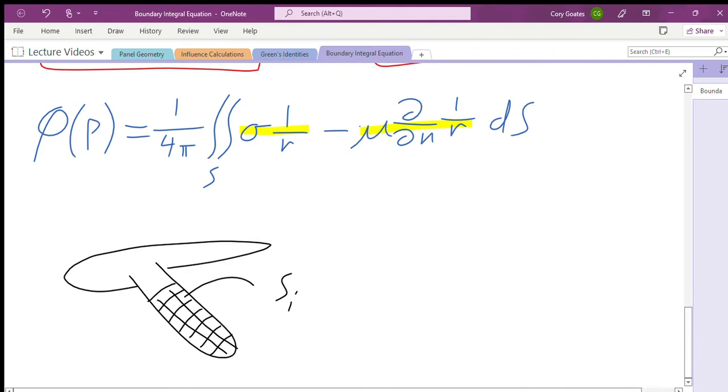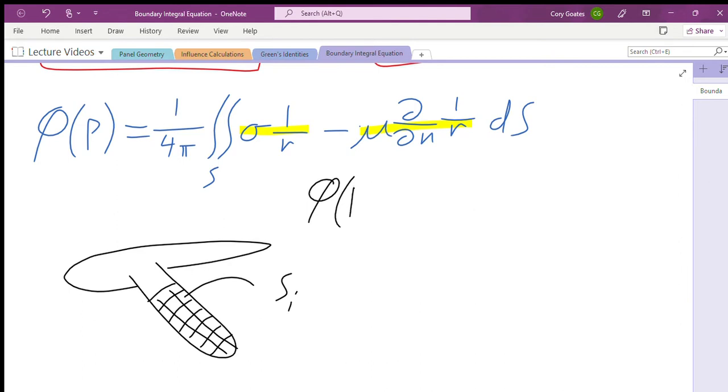So I can say that my velocity potential at any point in the flow is equal to 1 over 4 pi times the sum over all these I panels, and so I've got n panels. And then all I'm going to do is take the surface integral over now s sub I. Okay? And everything else is the same.